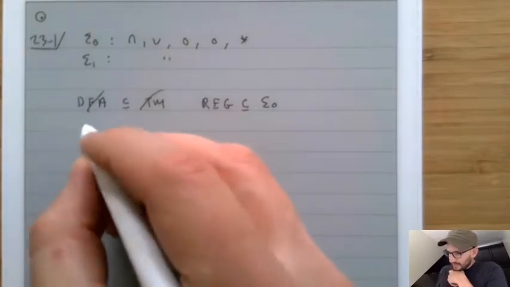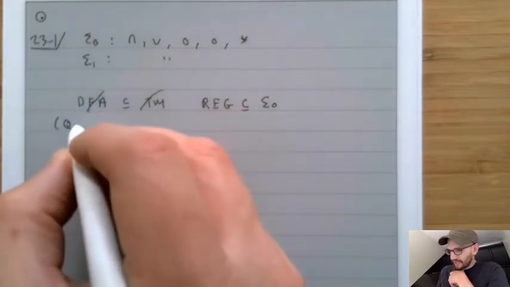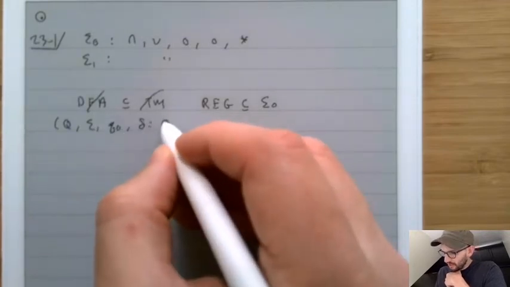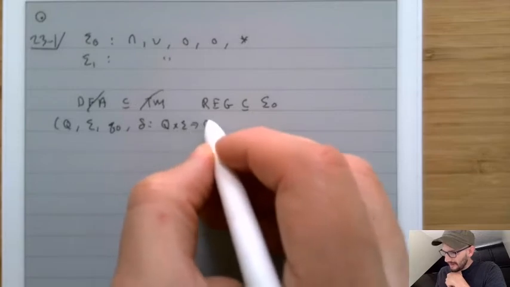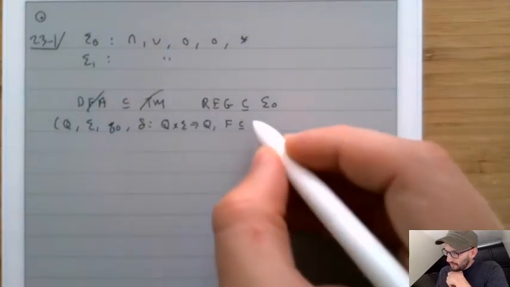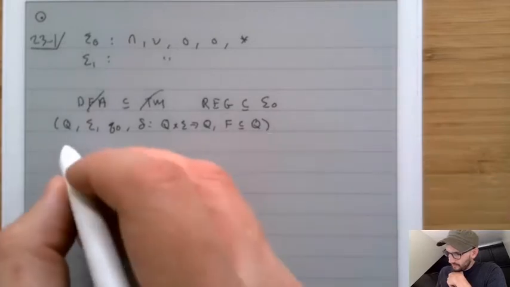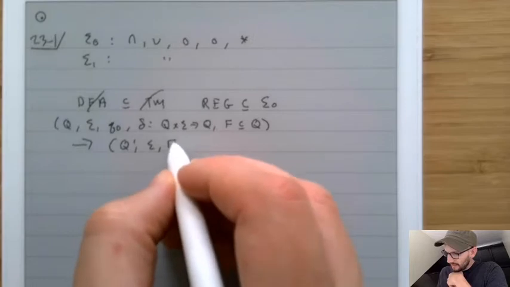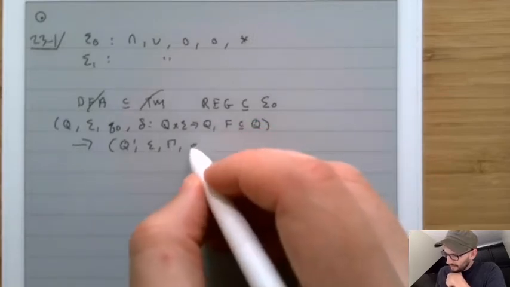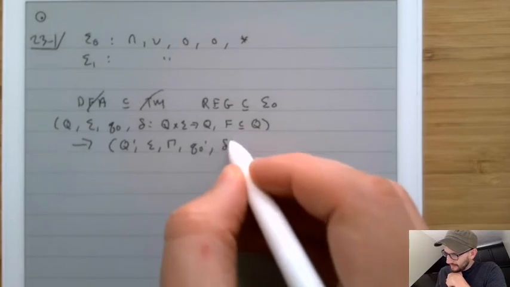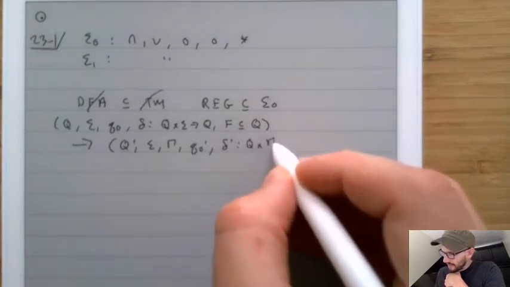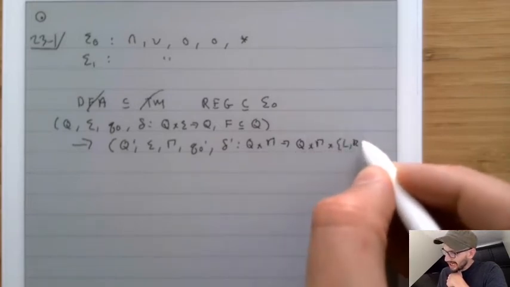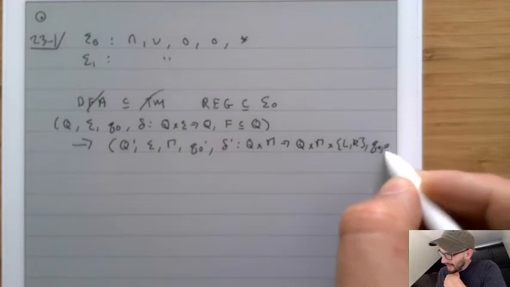what we can do is we can say, given a DFA which has Q, sigma, Q0, delta, which goes Q cross sigma arrow Q, and F, which is a subset of Q, we can turn that into Q prime, sigma, gamma, Q0 prime, delta, which goes Q cross gamma arrow Q cross gamma cross LR, and then QA and QR.